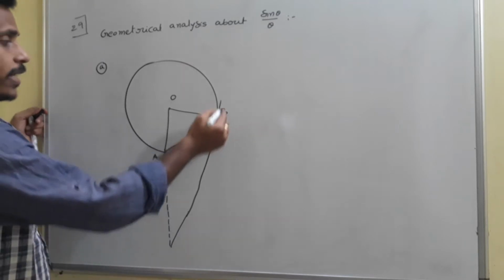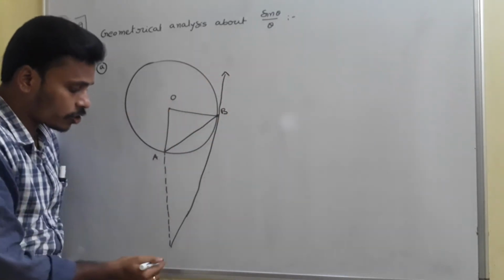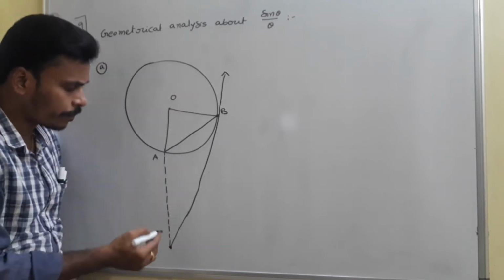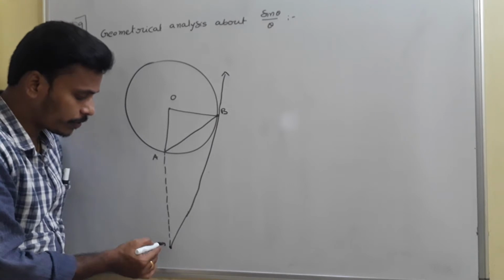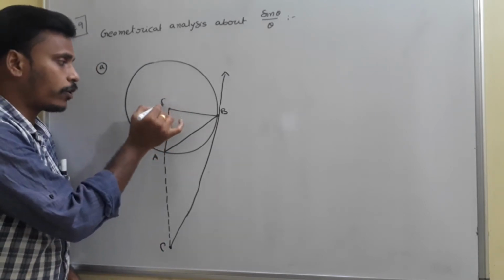This tangent line at B will meet the extension of OA at some point. You may say it as some C.